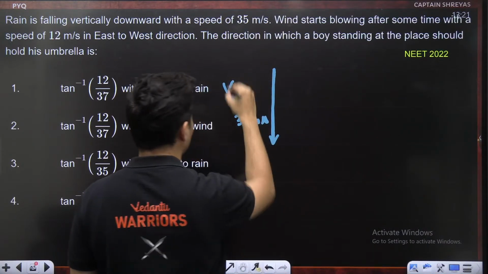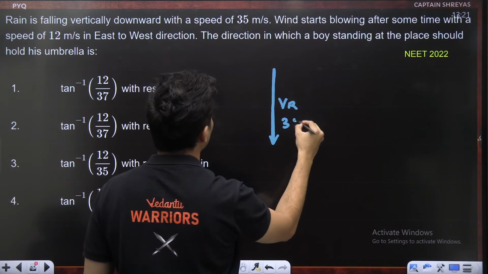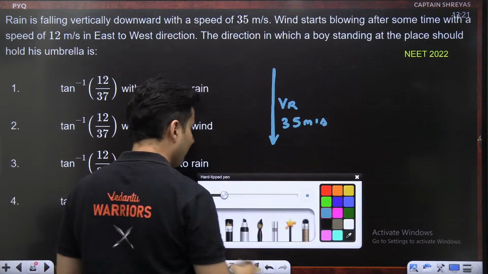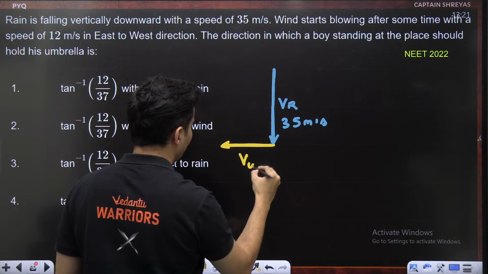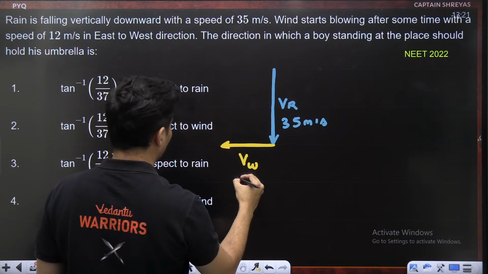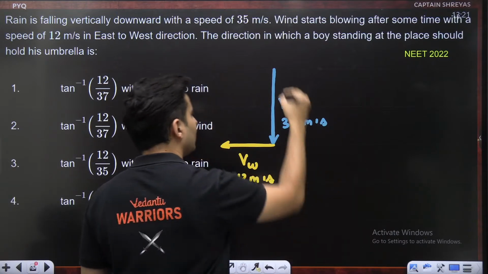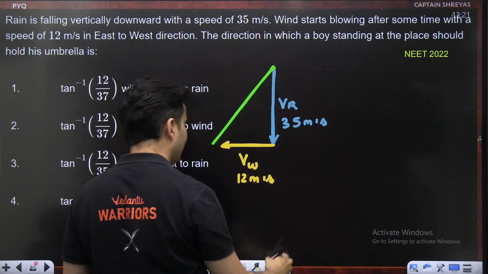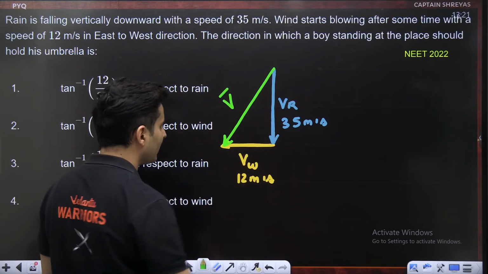Okay, so maybe I'll just put this over here. This is Vr, which is 35 meters per second. Wind starts blowing. Wind will blow here. So this is the velocity of the wind. What is the speed? 12 meters per second. Because of which the rain will have a resultant velocity. This is our resultant velocity.